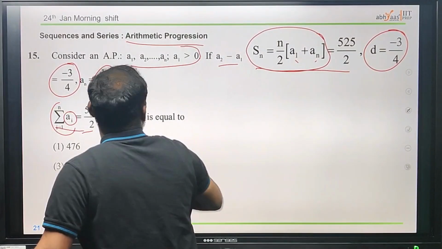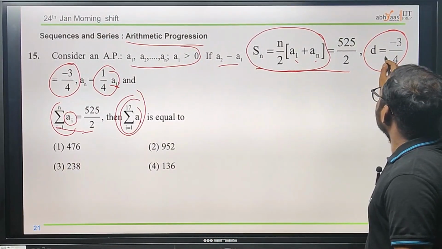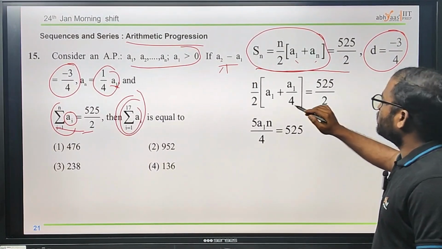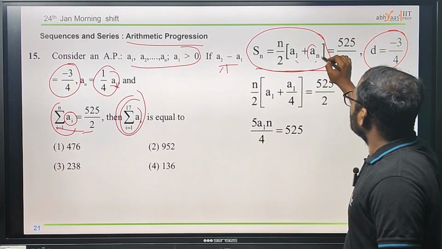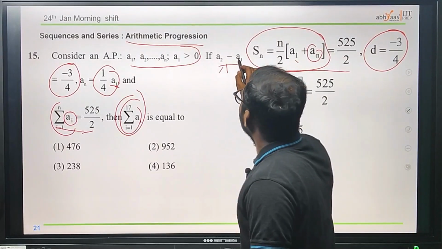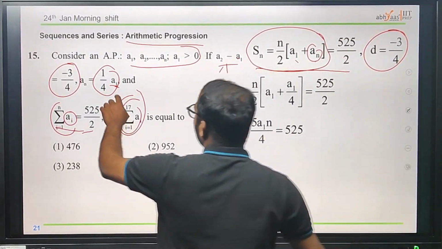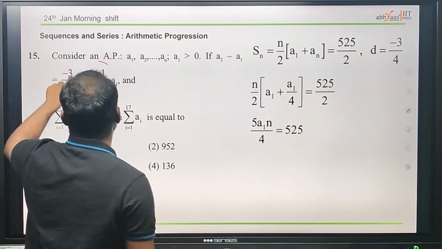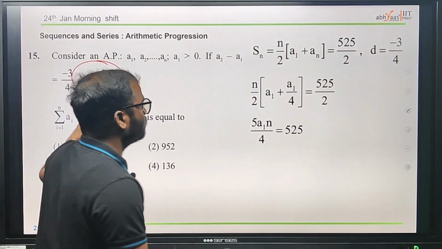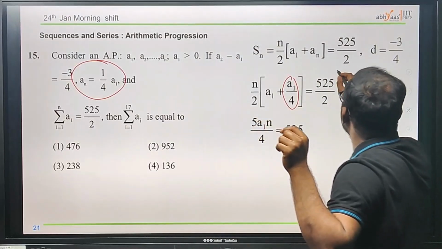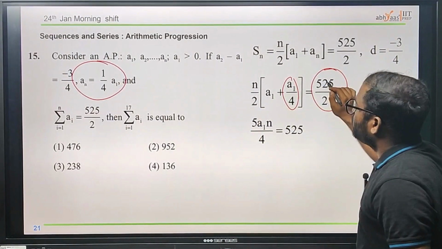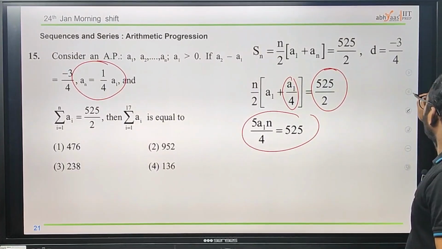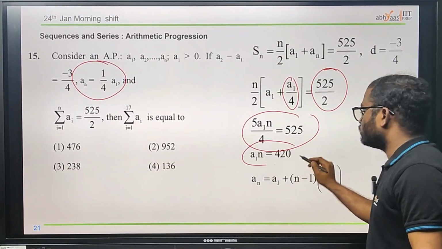We found the D value just by using A2 and A1, substituting that D. Using the last term, A1 is equal to 1 by 4 A1, substituting this here, we will get 525. Further simplification will lead to AN. A1 n is equal to 420.